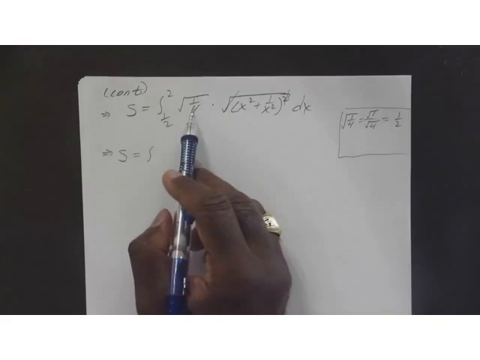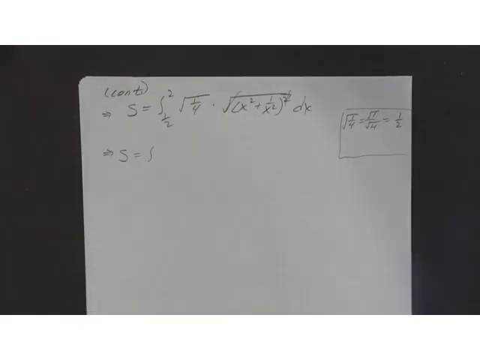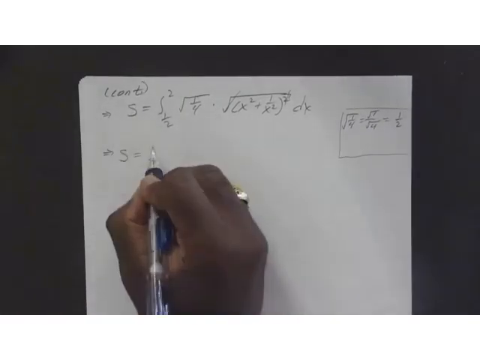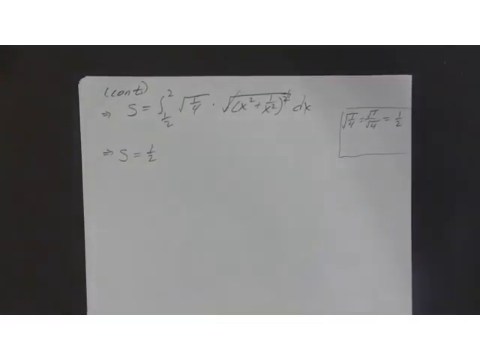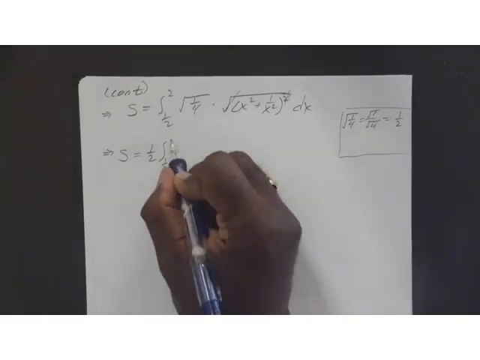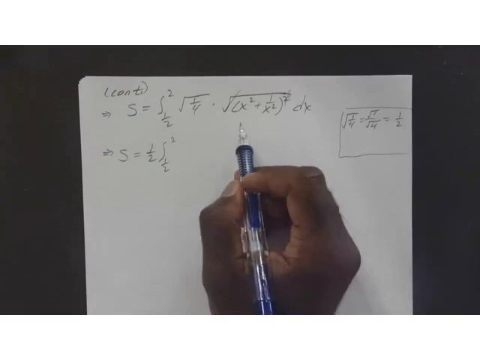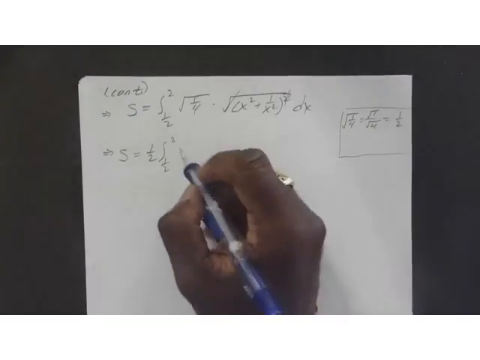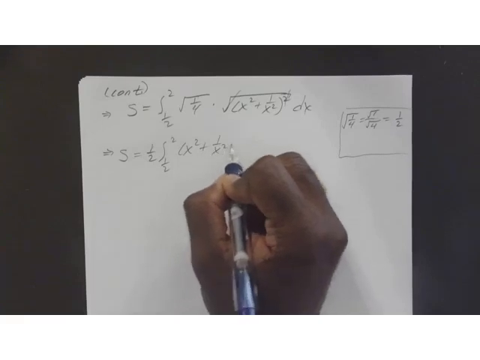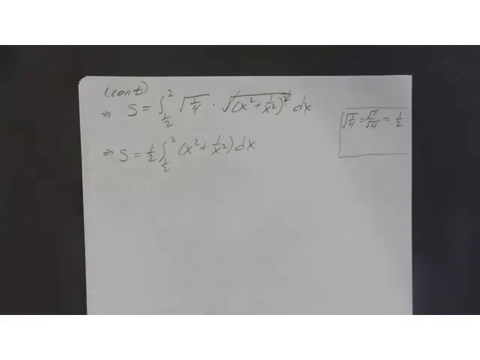So we can just replace that with 1/2 and bring it right out to the front. No point in writing extra steps just for that. Times the integral from 1/2 to 2 of x squared plus 1 over x squared, with respect to x.